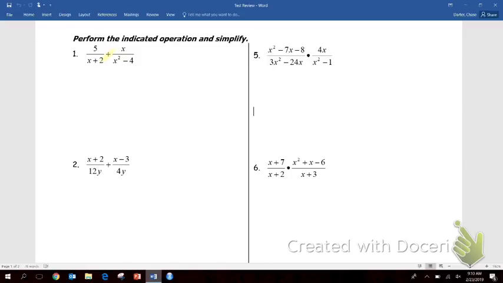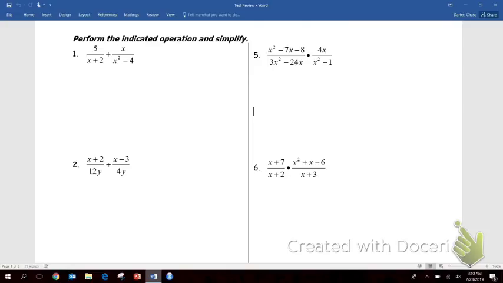So this first one is asking you to add. When we're adding rational functions, we need to have a common denominator. We don't need to worry about factoring the numerator when we're adding and subtracting, but we do need to factor the denominator.